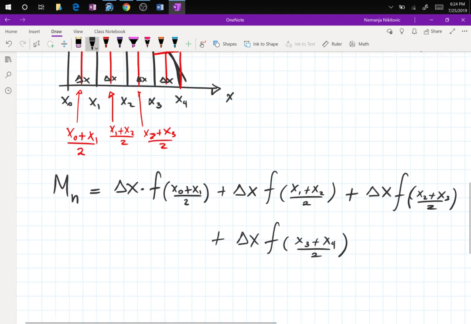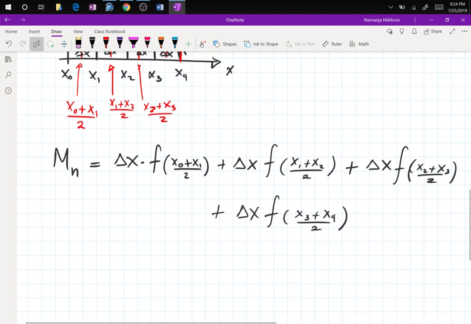And when we take a look at this, we can see that we can come up with a formula for Mn. Well, this was M4 because it was 4 rectangles.